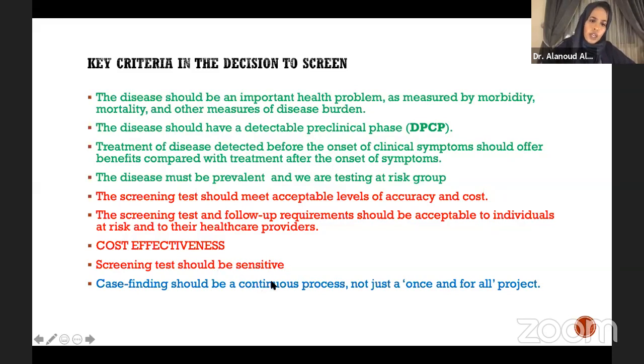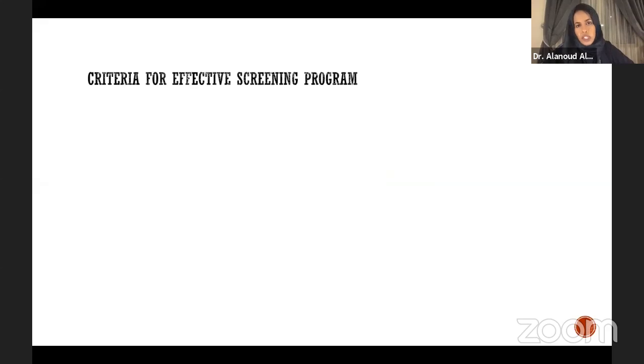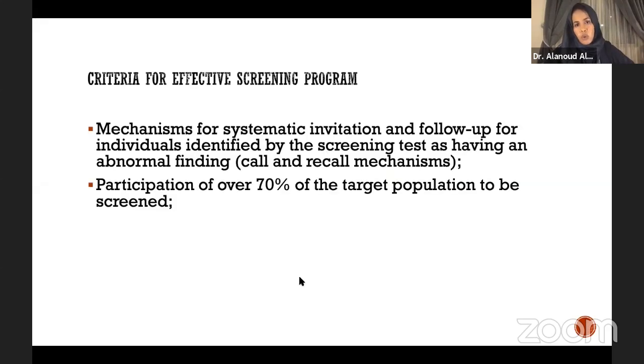And then, as I mentioned, criteria related to the readiness: the government infrastructure, the ability to carry out these screenings, and the ability to manage the result of the screening test. So again, for effective programs, you need what we call call and recall. You need an effective systematic mechanism to invite people to be enrolled in your screening program.